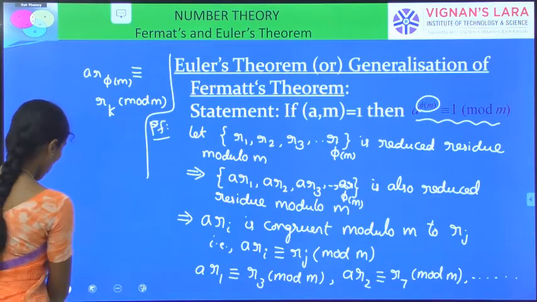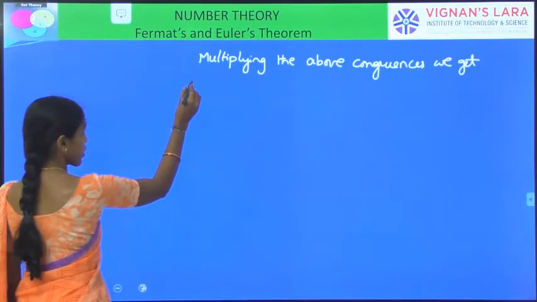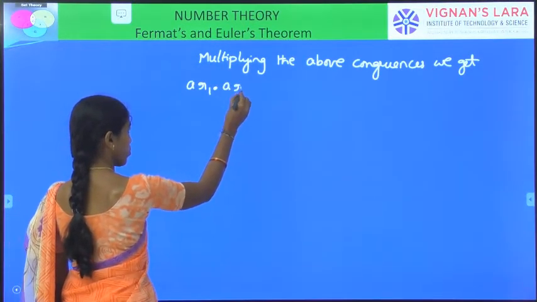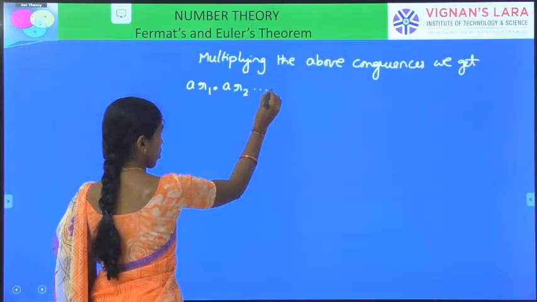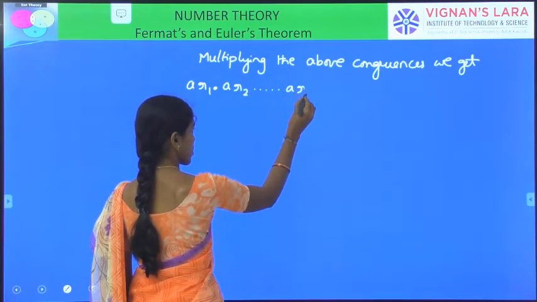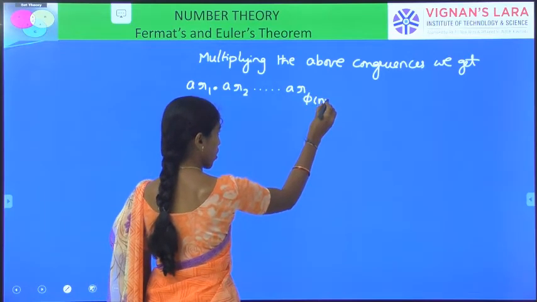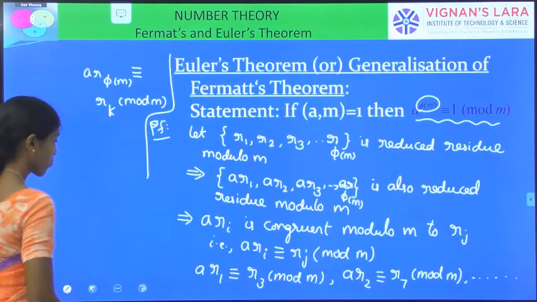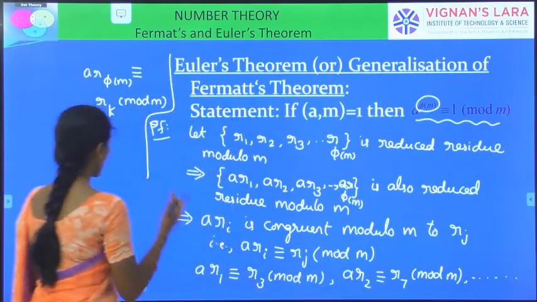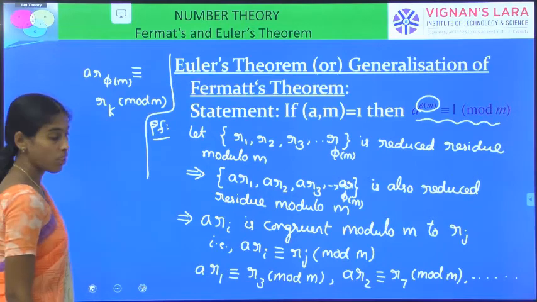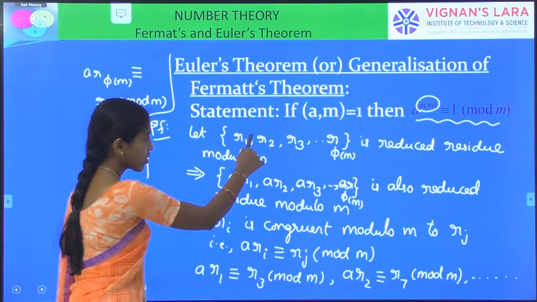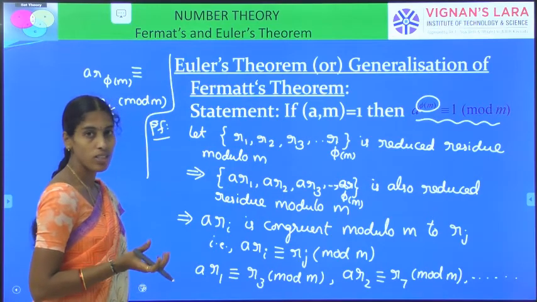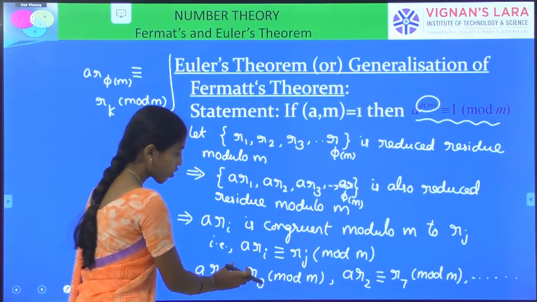Now multiplying all these congruences, on the left side we get aR1 into aR2 into and so on, the last one is aR suffix phi of m, which is congruent to, on the right side also, because these two sets consist of the same number of elements but the order is not the same, we take the product of the congruences.